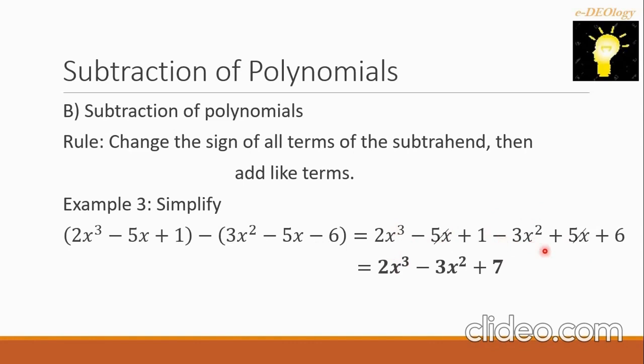So we will put this negative 3x squared in the final answer also. For the negative 5x, and there is a positive 5x here, it is cancelled. Then for the constants, it is 1 plus 6. It becomes 7. So our final answer is 2x cubed minus 3x squared plus 7.